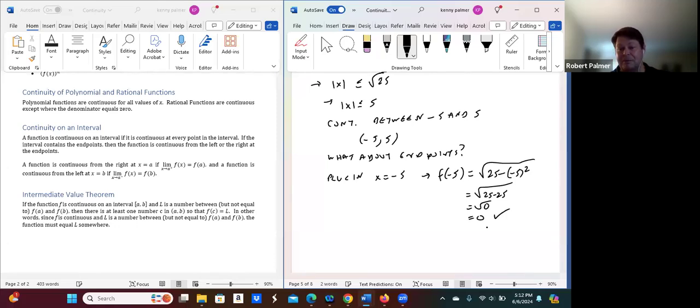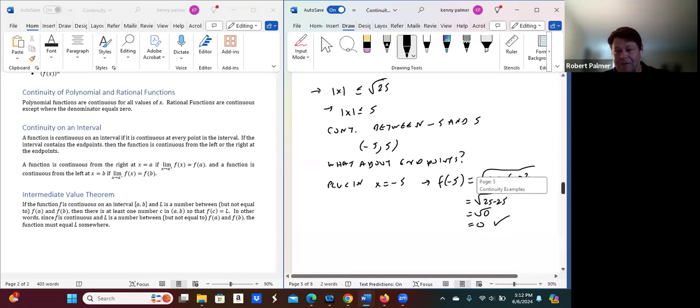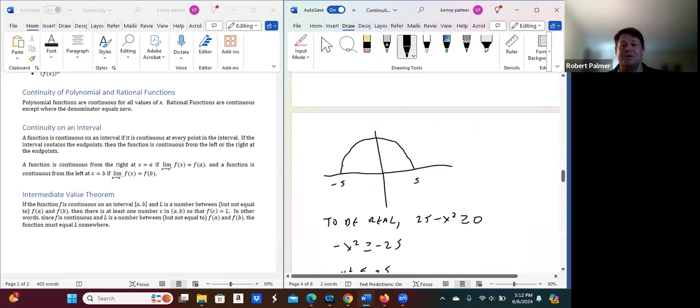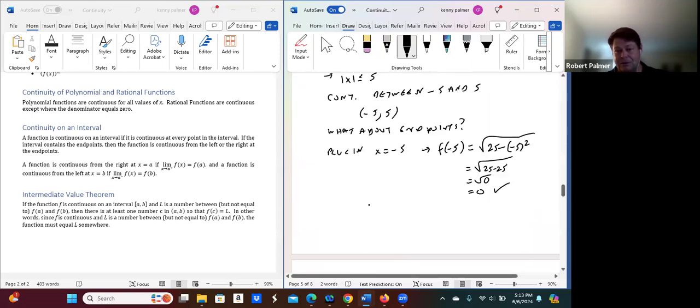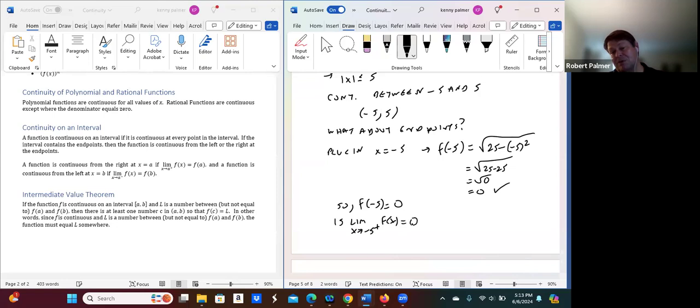So the endpoint is 0. Now let's look back at our graph. In this case, we have to approach from the right. So f of negative 5 is equal to 0. The next question is whether the limit as x goes to negative 5 from the right of f of x is equal to 0.